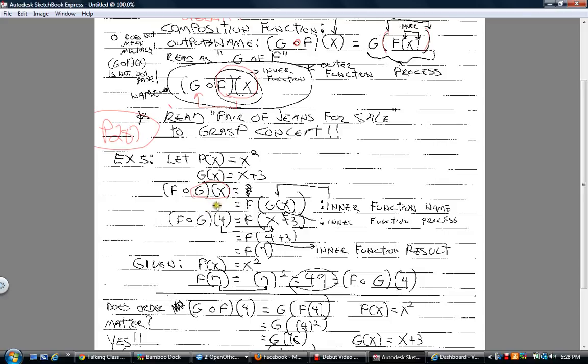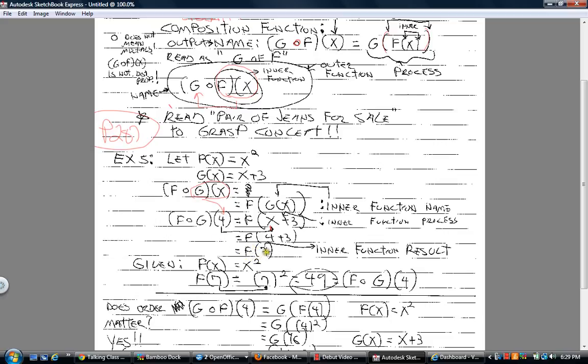They are going to have you evaluate it when x is a value of 4. So you take g of 4, which is x plus 3. You're going to substitute 4 in for x. So 4 plus 3 is 7. So you've got f of 7.